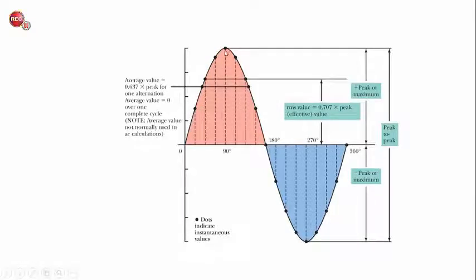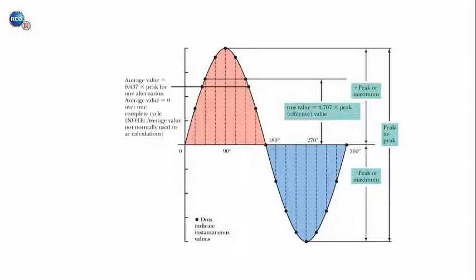Well, if we moved all of these squares down to fill these gaps, the value of the rectangular wave would be the average here. And this value of 0.637, we can prove that using calculus, so we won't do that here. But you want to keep this in mind. This average value is a value that we'll use a lot more in analog circuits.